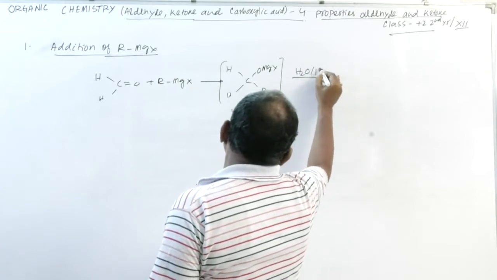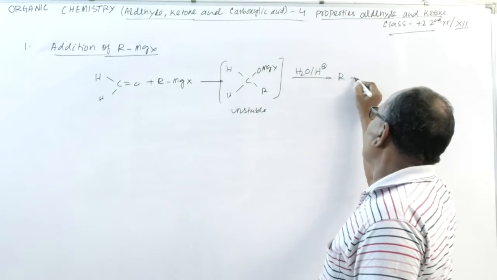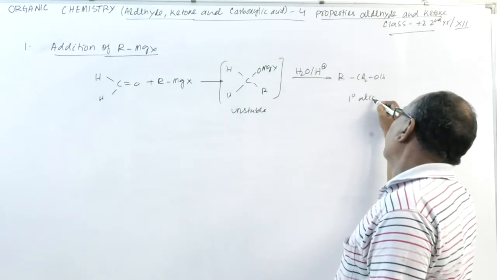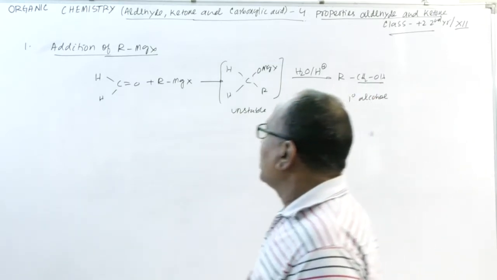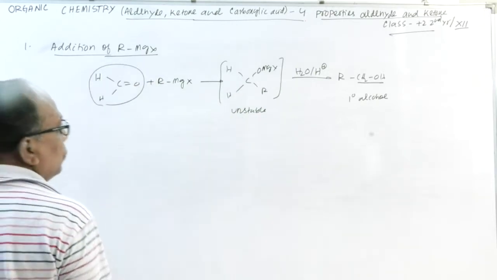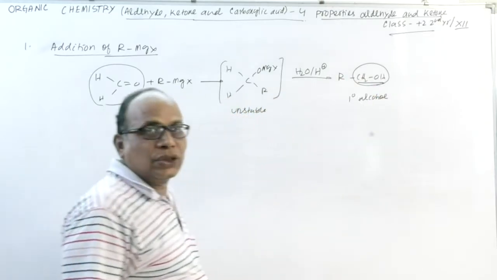What happens? Acidic hydrolysis gives a primary alcohol, that is, this group gets converted into the primary alcohol group CH2OH.